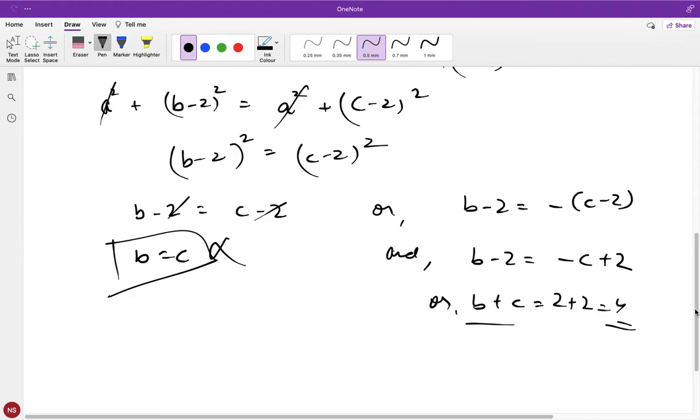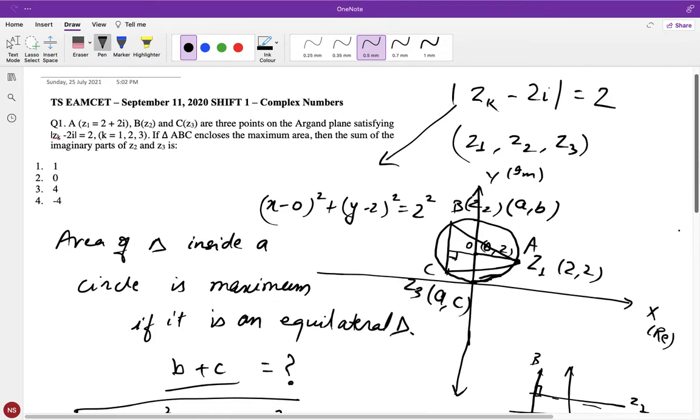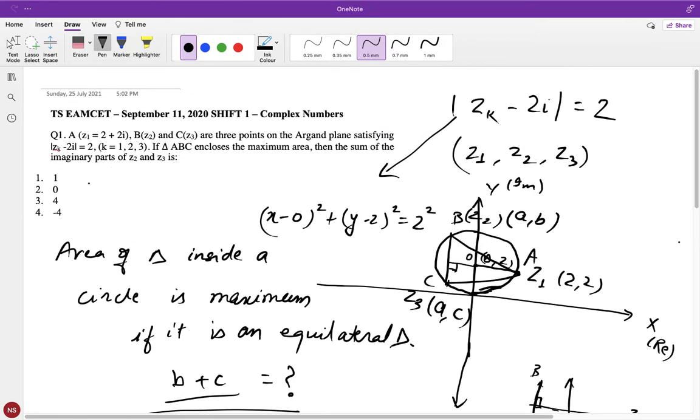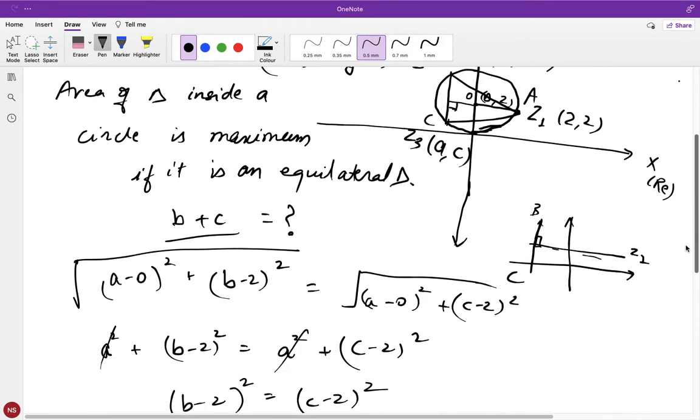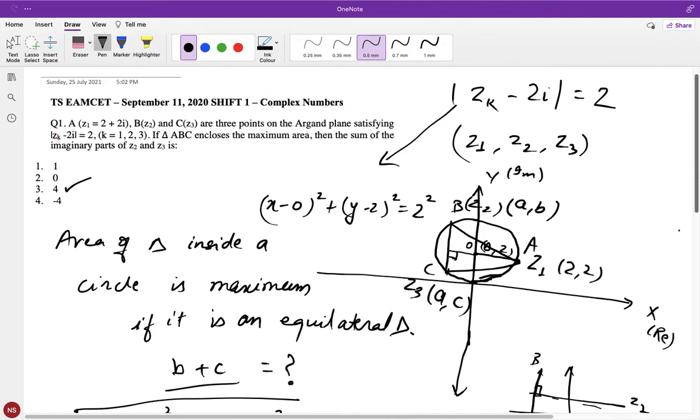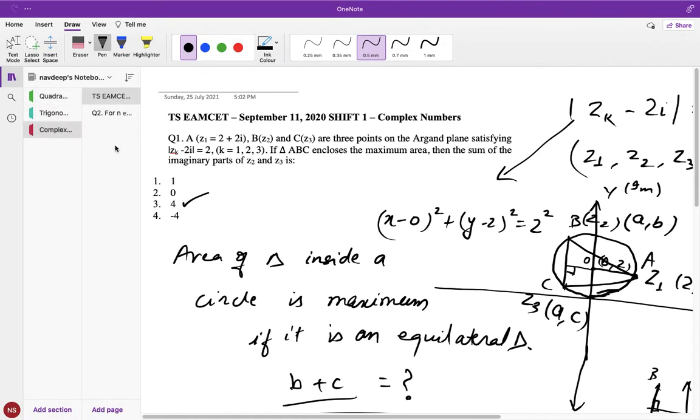So b + c = 4, and this is what was asked from us, right? So 4. It's a very nicely made question. You have to think hard on it. There is not much to be done in this, and especially no calculation at all. So very good question in my opinion.